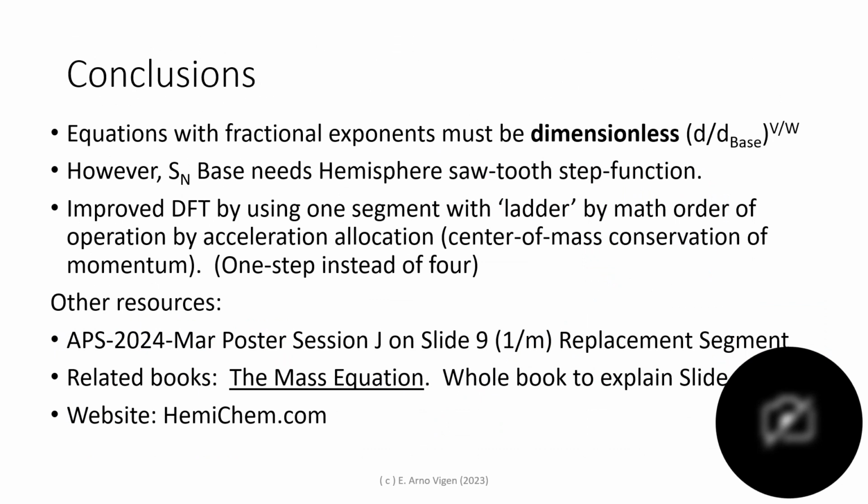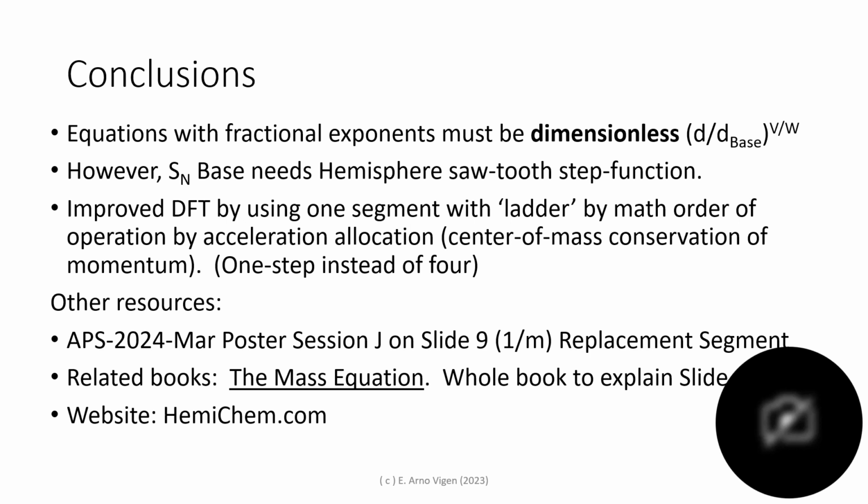So first, try to make your equations dimensionless when they are fractional exponents or exponents that are not the pure energy volume. The second is to get other elements, we need to really think about adjusting LDA for this Sawtooth step function by element, this S sub N. And that basically means moving the ladder down.